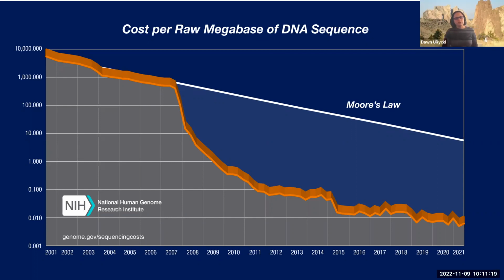Oh, that's a good question. I don't know what the limitations are right now. As far as watching the cost continue to fall, is that kind of what you mean? Why it's holding steady? Yeah, I don't know. I can't answer that question. And in fact, this is a slide borrowed from my advisor, Steve.